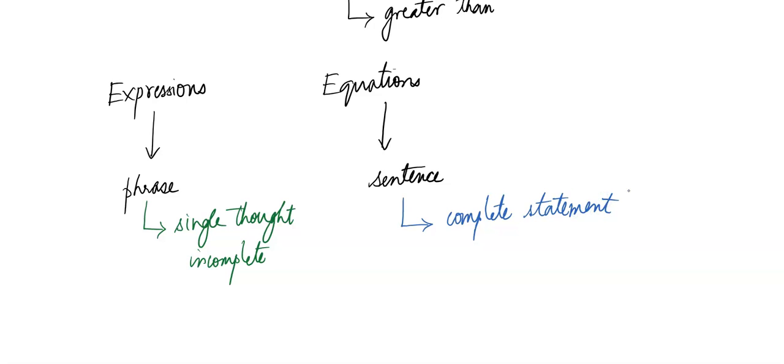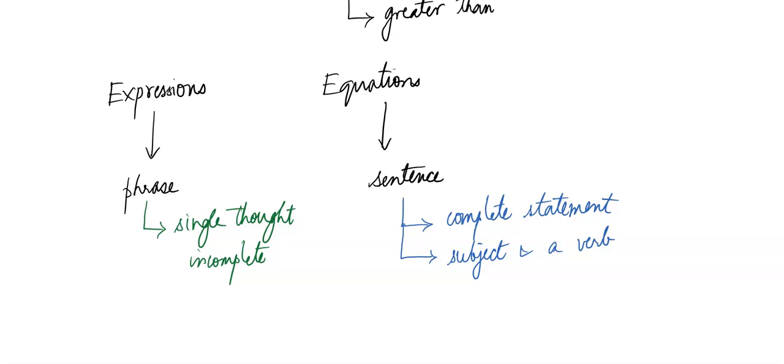It has a subject and a verb, isn't it, making it complete. A phrase is an incomplete thought, so you can just say running very fast, which could be a phrase. But when you say a sentence, you can say the football player was running very fast. So you see how one is a thought, the other one is a complete statement. That's how expressions and equations are.